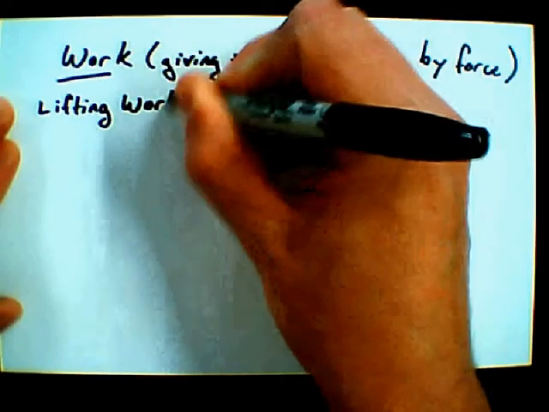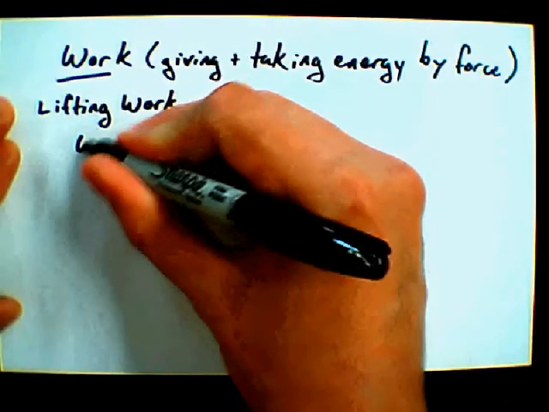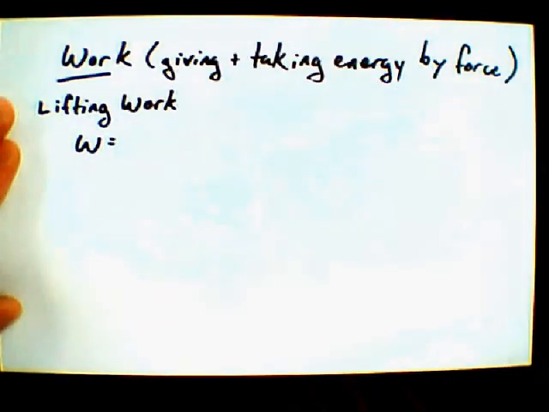Okay, so one way that we can do work is by lifting things. Now, the old equation that you remember from before was work equals, how does it go again?